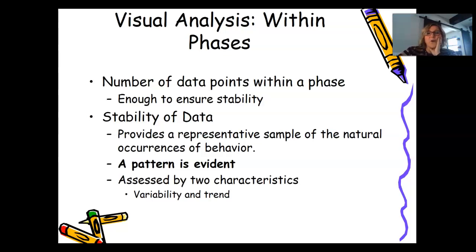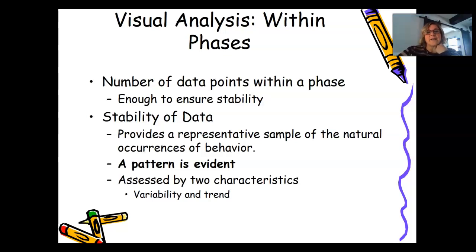One thing you want to look for is a pattern. Stable data demonstrate a pattern, and we'll talk about what that looks like. But as I said, a pattern makes things predictable, right? You know what likely will come next, and that's what you're looking for.